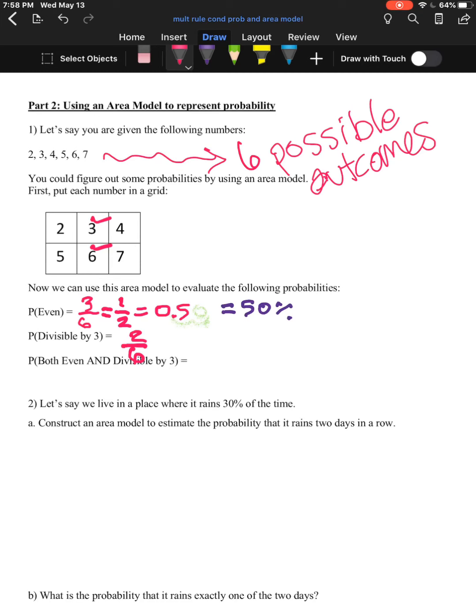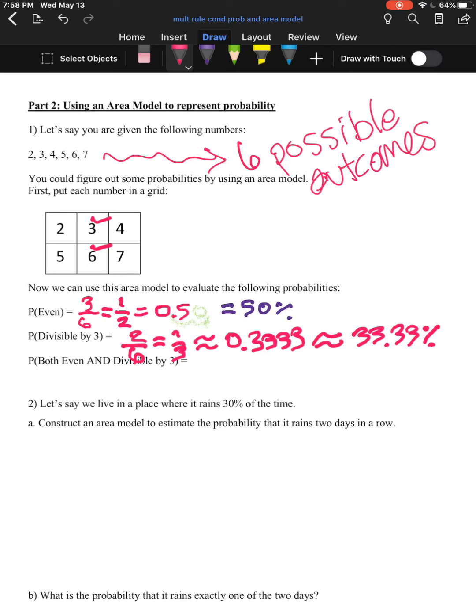So we have a 2 out of 6 probability, which is reduced to 1/3, which is equivalent to 0.3333, which turns into 33.33%.